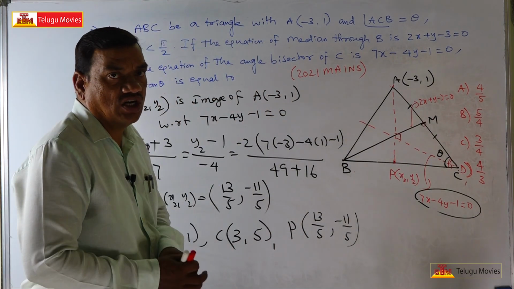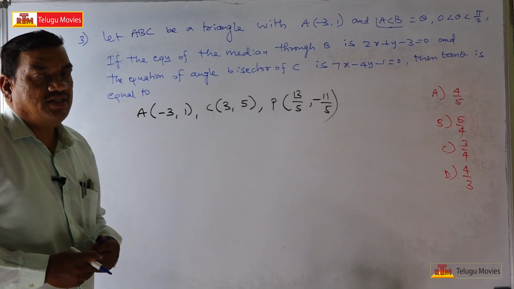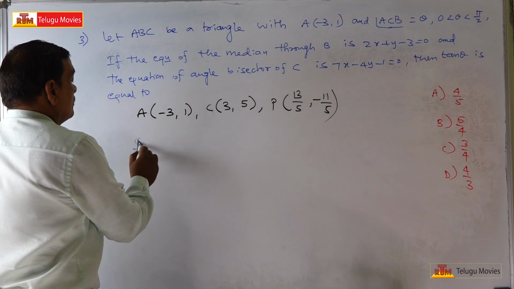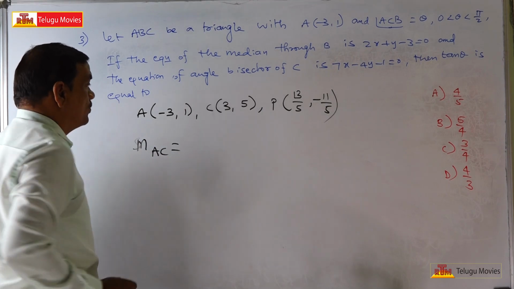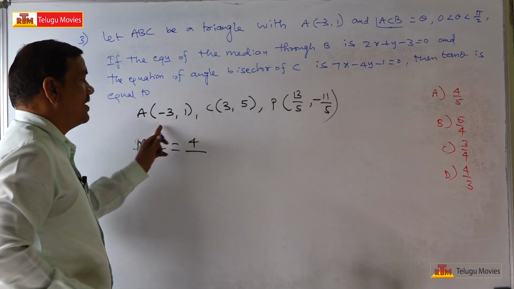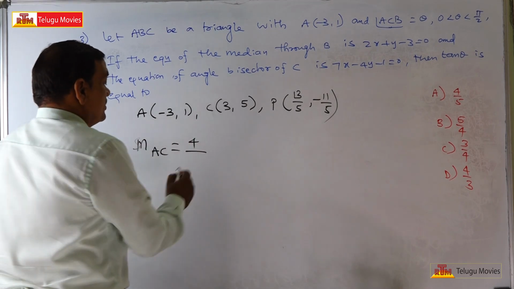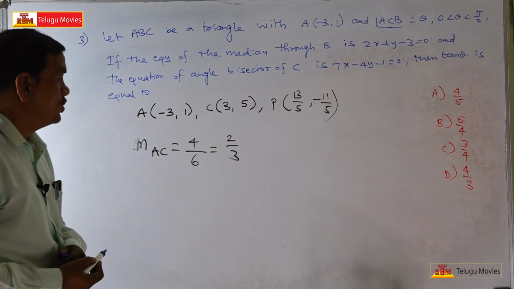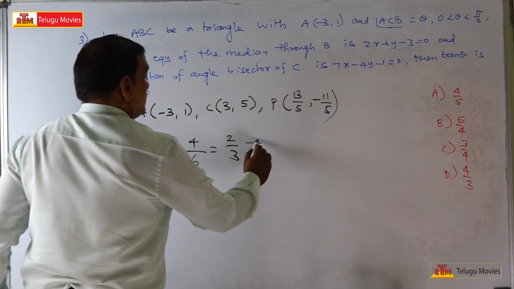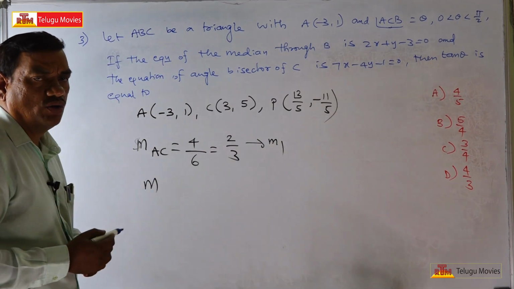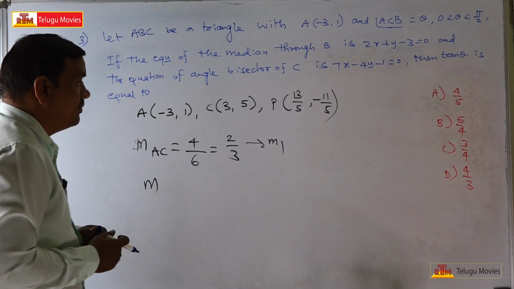Okay, let us continue the solution. So dear students, let us continue the solution. Now what is the slope of AC? Slope of AC is equal to (y2 minus y1)/(x2 minus x1). 3 minus of minus 3 is 6. So this is equal to 2 by 3. You call it M1. What is the slope of PC, or you can take it as BC also.